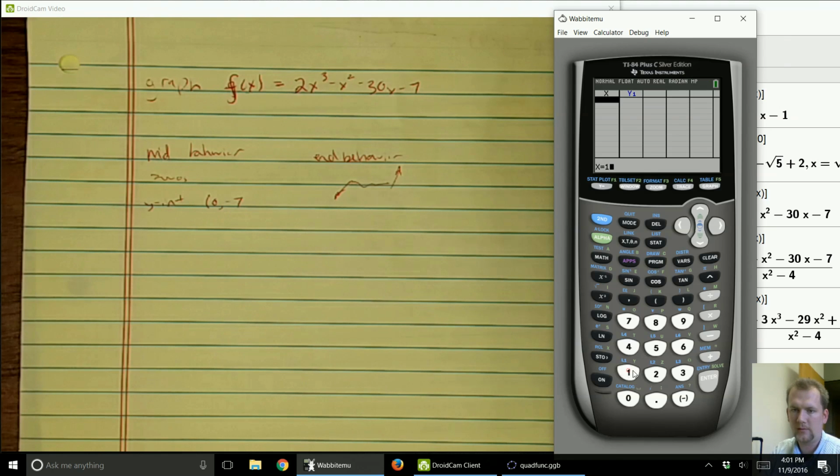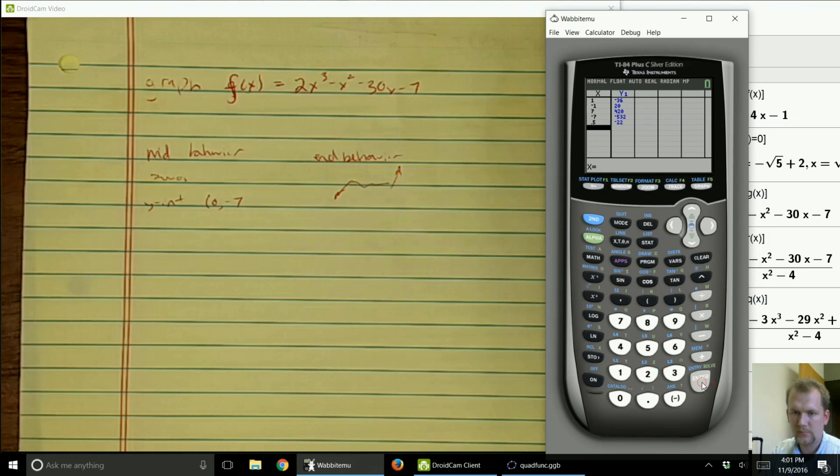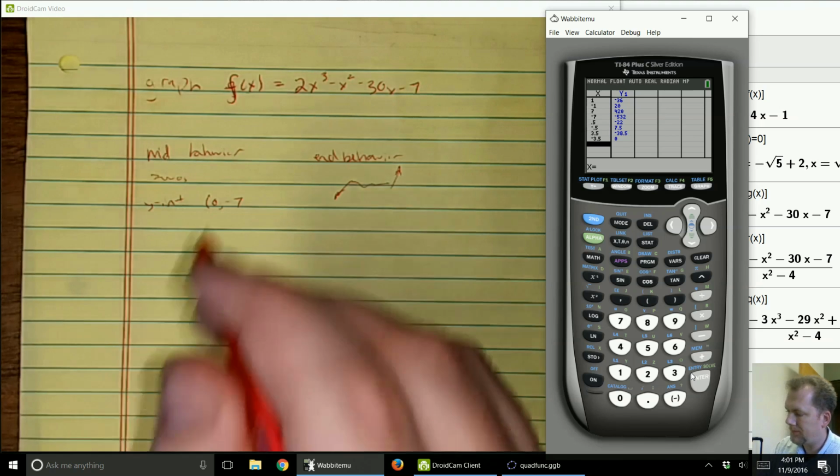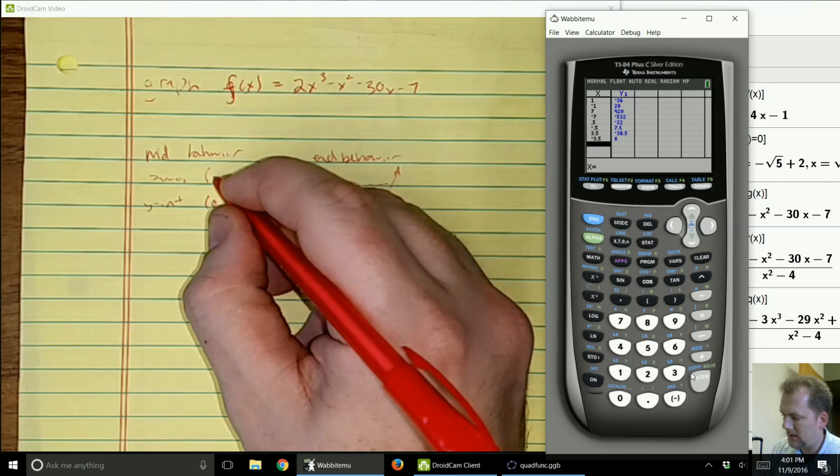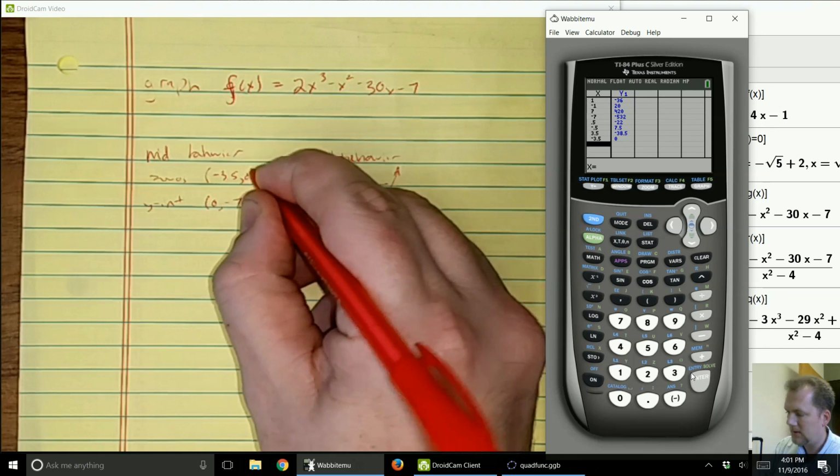So I'll try 1, -1, 7, -7. None of those worked, so now I'll try all of them with a denominator of 2. That last one worked. So one of my zeros is -7/2, which is -3.5.